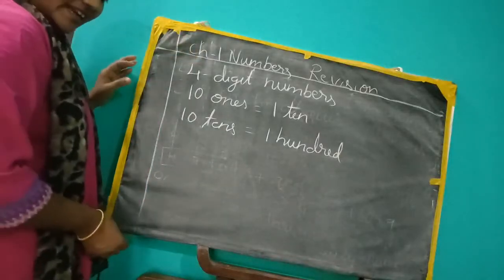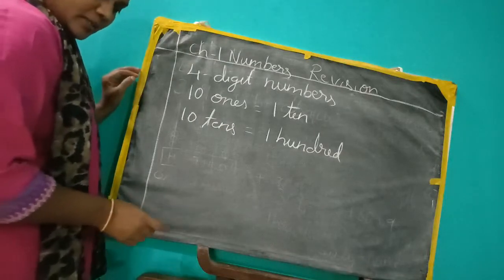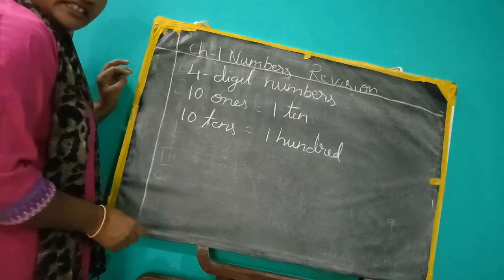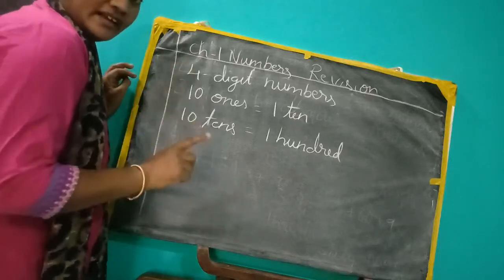See, we know 3 digit numbers. 999 is the greatest number. The smallest number in 3 digit numbers is? 100. Yes or no?